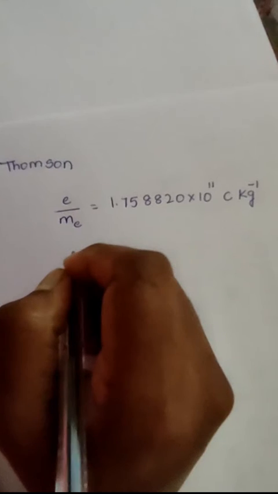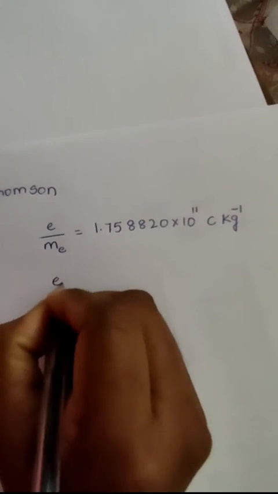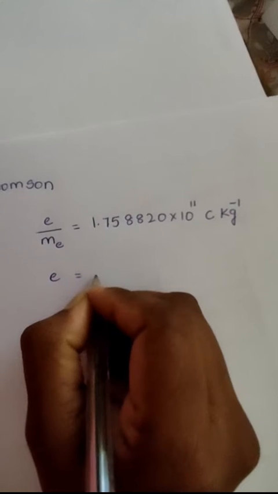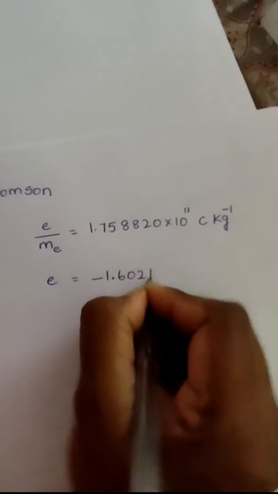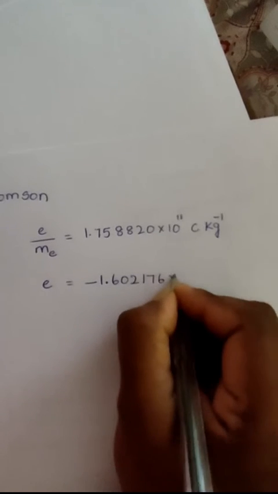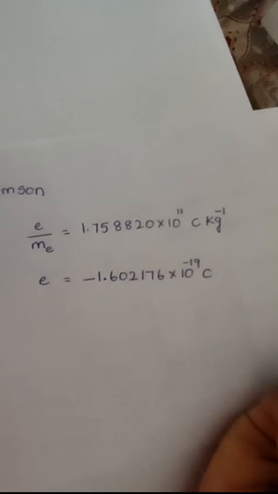And then Millikan discovered the charge of the electron E. What is the E value? Minus 1.602176 into 10 power minus 19 coulombs.